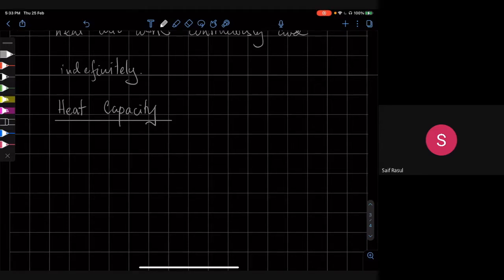So we saw that there was an equation of state, where the state function temperature is related to P and V. So this was called the equation of state.